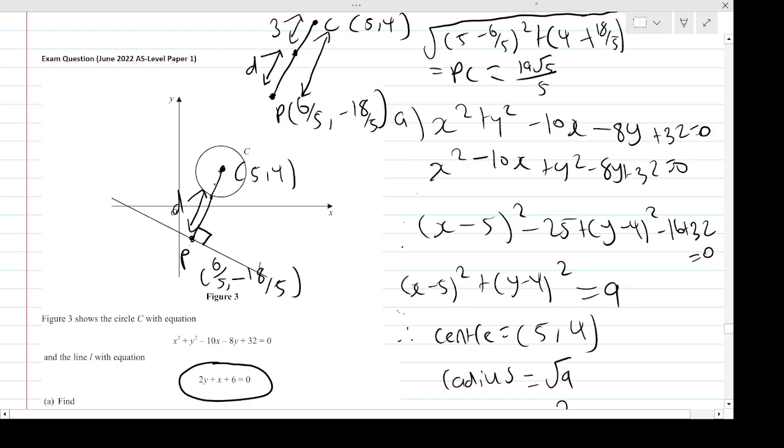Okay, so the overall distance between P and C, the centre of the circle. So then the distance from the line P to the edge of the circle, D, is going to be the overall distance 19 root 5 over 5, take away the radius 3.